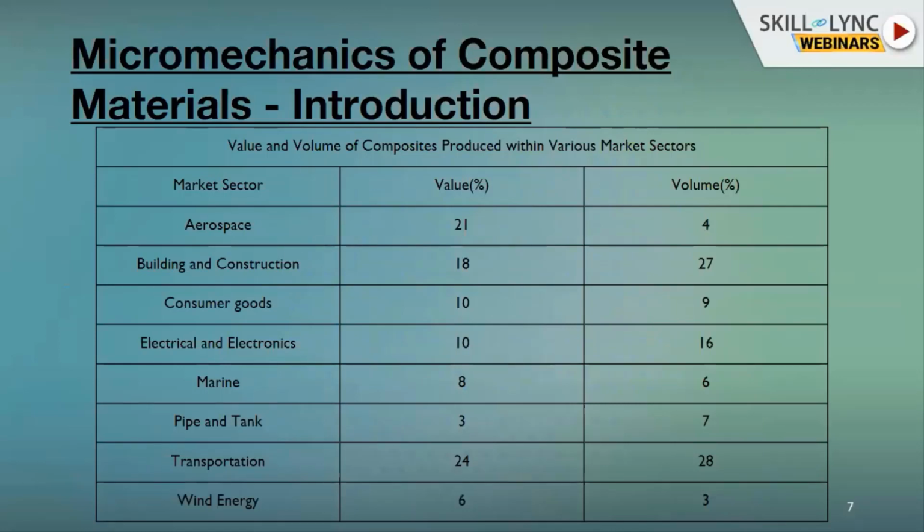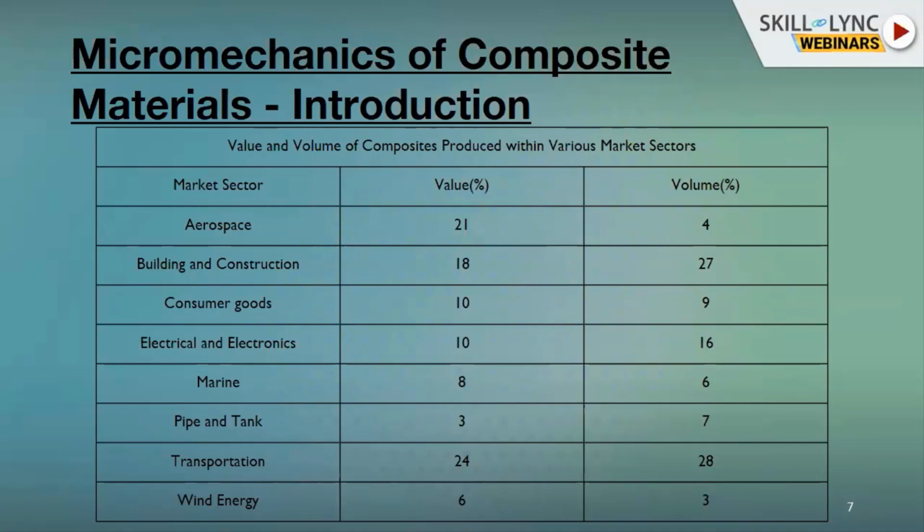So just a small comparison of various markets: what is the value and volume of various market sectors? These numbers are growing day by day. In aerospace, as I spoke, a value of up to 21% and more is occupied by composite materials, and by volume more than 4%.